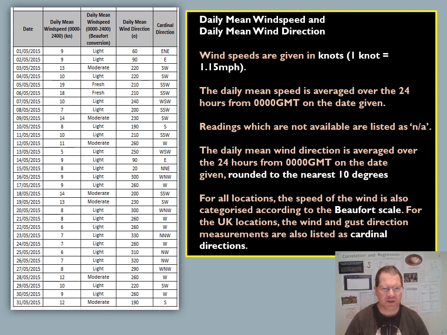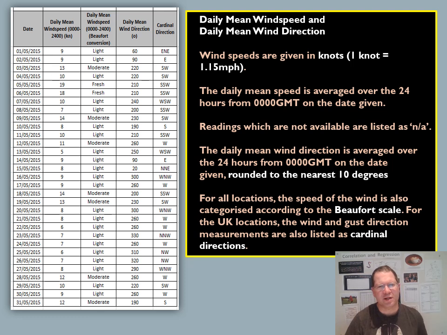On this spreadsheet, we can see the words light, moderate, and fresh. 9 knots converts to light. 13 knots on the 3rd of May converts to moderate. On the 5th of May, 19 knots converts to fresh. That is qualitative data because it's qualities rather than quantitative.